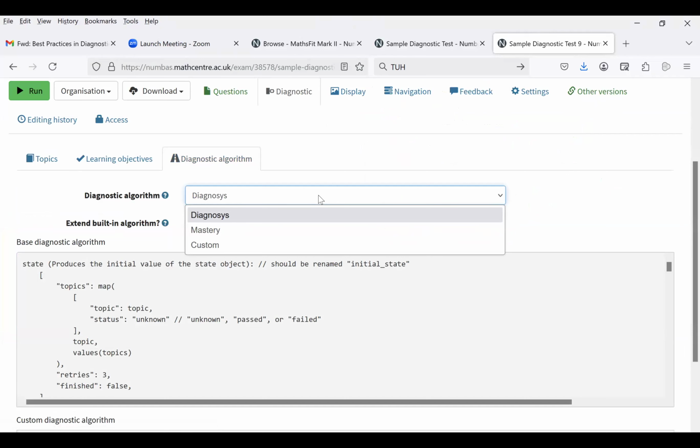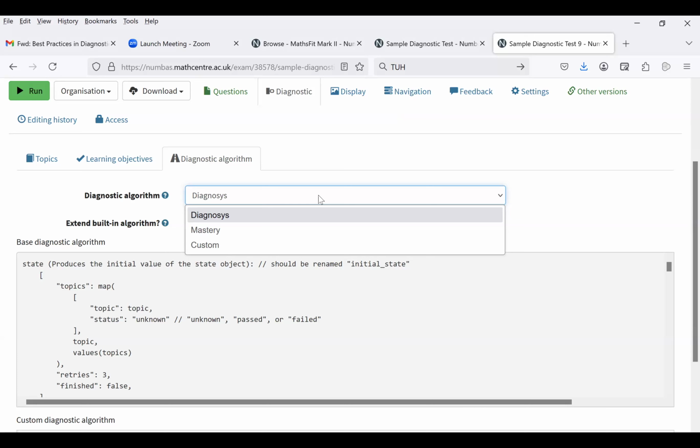The one called diagnosis is for a diagnostic test. The way the diagnostic test works is it starts in the center of the graph. If a student gets a question right there, it assumes that everything before that they can do. I'm not sure that's necessarily the case.